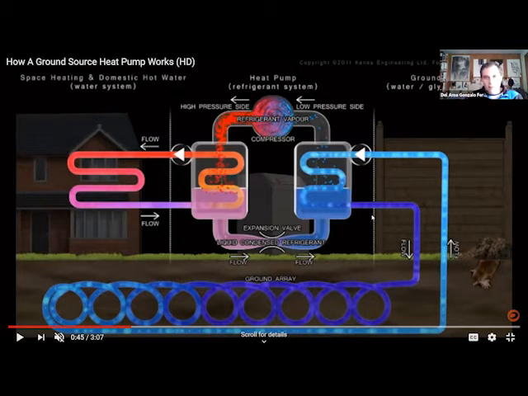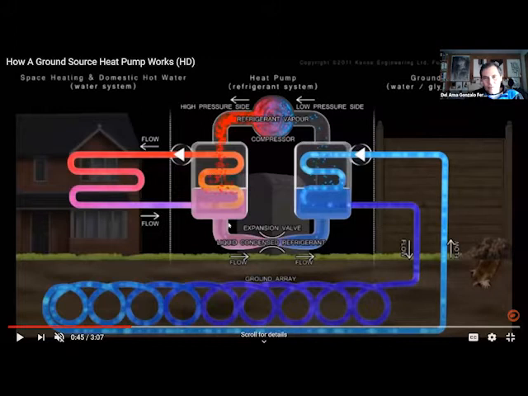So for us, this is a box, and this box has four different pipes. This is the outlet and inlet from the water space heating or domestic hot water system. We have this inlet and outlet from the ground array, the ground pipes.